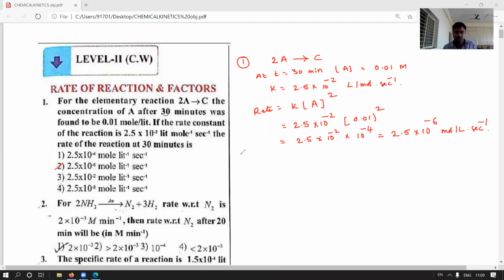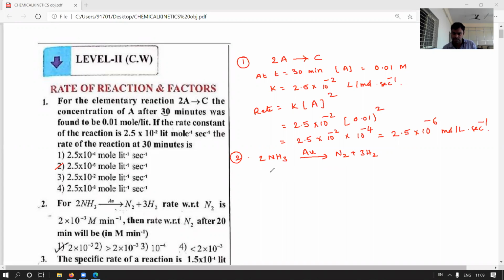Let's see the second question. In the second question, they gave 2NH3, the decomposition of ammonia in the presence of gold or molybdenum catalyst, converted into N2 plus 3H2. Okay, the rate with respect to N2 is equal to 2 into 10 to the power of minus 3 per minute. The rate with respect to N2 after 20 minutes will be, see, it is an example of a zero order reaction.